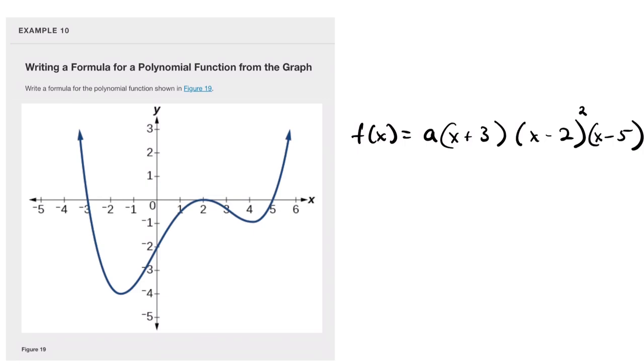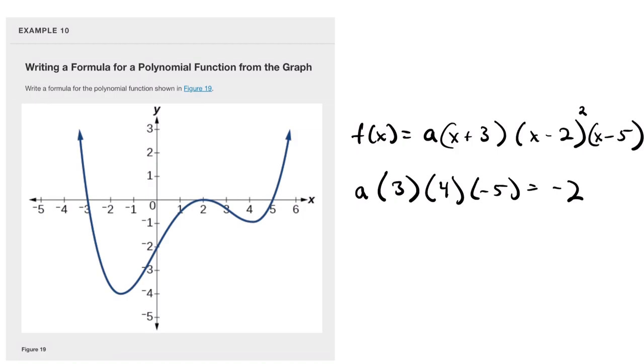And then it said that you need some point other than the x-intercepts. So if we do the y-intercept when x is 0, the y-intercept is -2. So then that means we would have what? A times 3 times, what is that, a 4? Times -5. So when x is 0, the corresponding y is -2. 12 times 5 is -60.